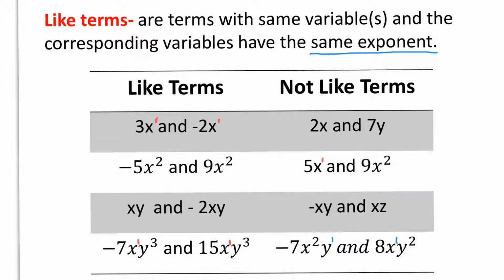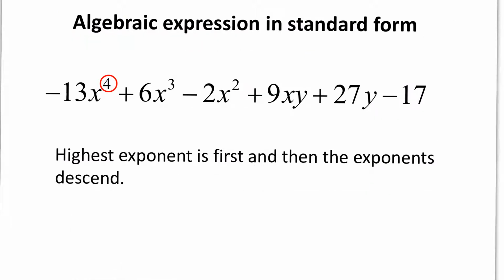So one of the things that we can do in an expression is to simplify that expression by combining like terms. Combining is when you add or subtract like terms, and that's what we're going to do next. And before we actually look at combining like terms, one of the things that you also have to know is what the standard form of an algebraic expression is.